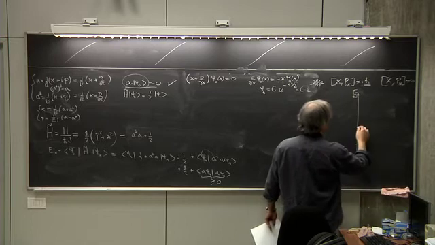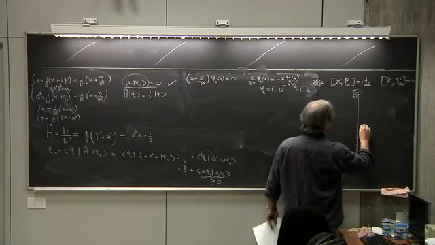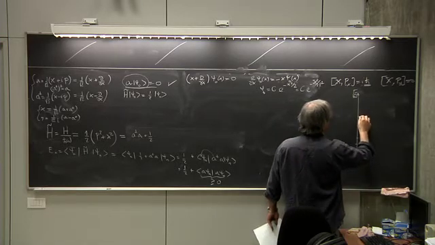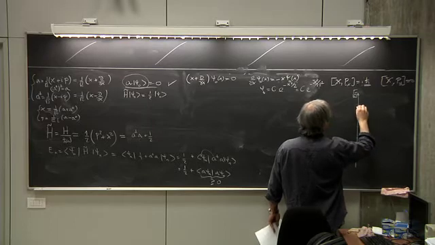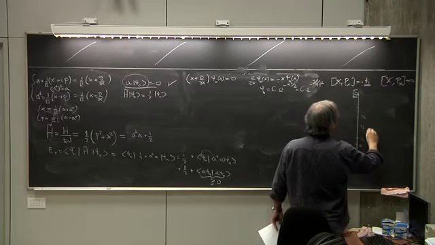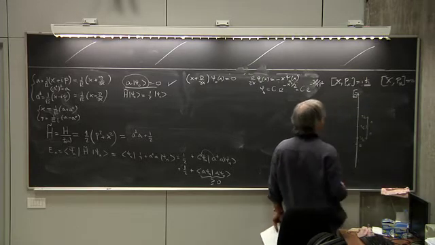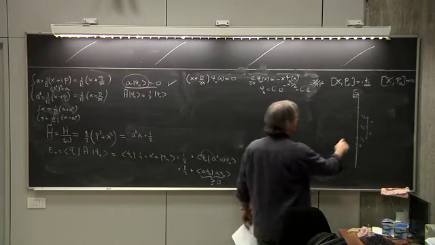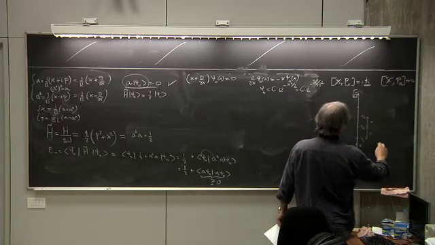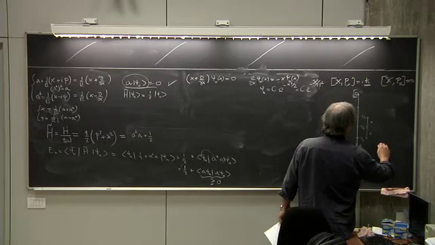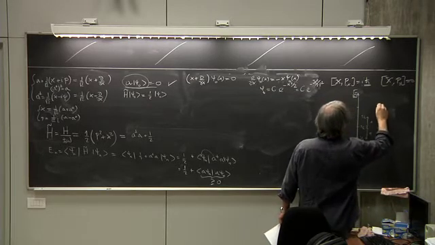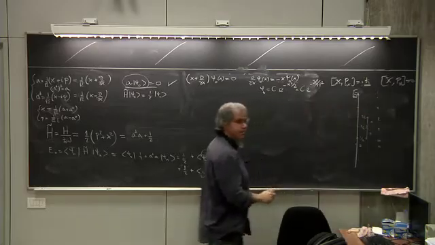Now I'll show you that there is another one at 3/2, another one at 5/2, and so on, equidistant. The difference between them is just 1 in units of h bar omega, obviously. And we will classify them by an integer n, so n was 0, 1, 2, 3, and so on.